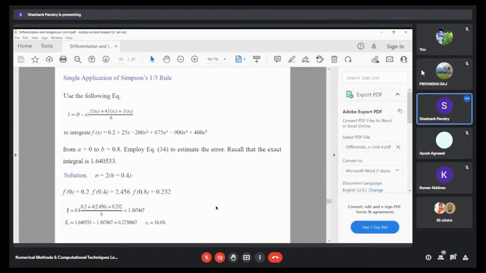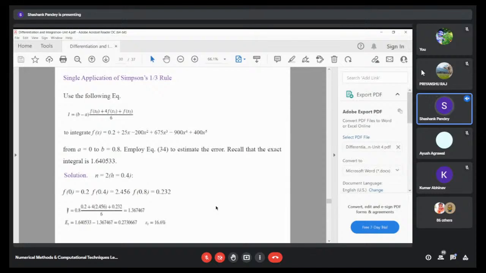Now this is called single application of Simpson 1/3 rule, and using this approach we will again solve the same function, and let us see how much error we get for the same function which we solved using the trapezoidal rule.